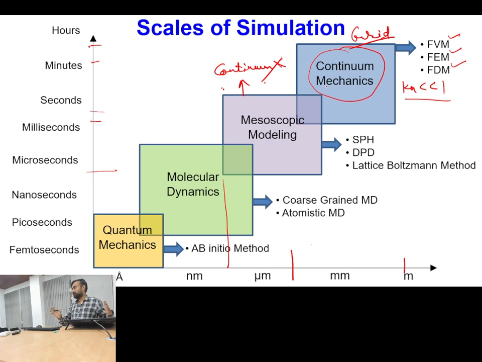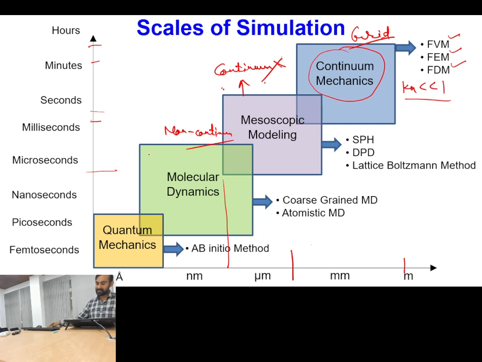Okay, so the bridge in between the no continuum means where you have to account for individual molecular motions. You cannot treat a group of molecules as a whole. You have to consider the behavior of each and every molecule. So in between that approach and the pure continuum approach, you have some bridge.